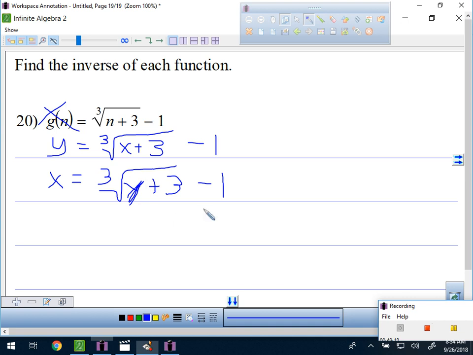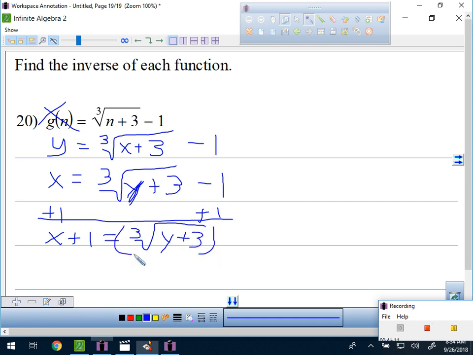I'm going to solve for y, so I'm going to add 1 to both sides. So I'm going to have x plus 1 equals the cube root of y plus 3. And then to get rid of the cube root, you're going to cube both sides.